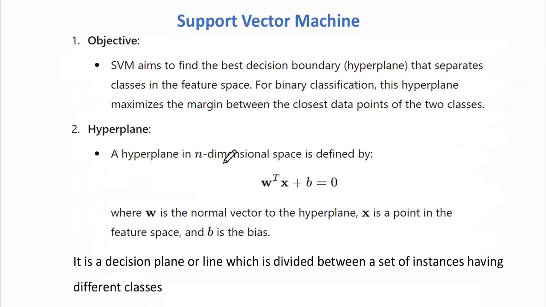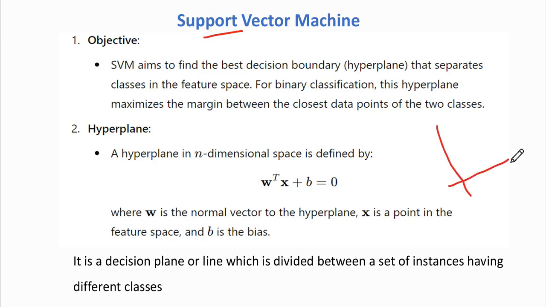Let us try to understand the main objective of SVM. As already told, the working of support vector machine is just like linear regression. In linear regression we try to find the best hyperplane for the given points. In a similar way, in support vector machine we try to find a hyperplane.